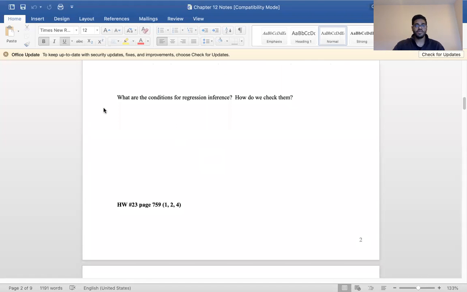So what are the conditions that we need to check before we actually do this linear regression inference? So we need to check that it's linear. Okay, so the actual relationship between x and y needs to be linear.